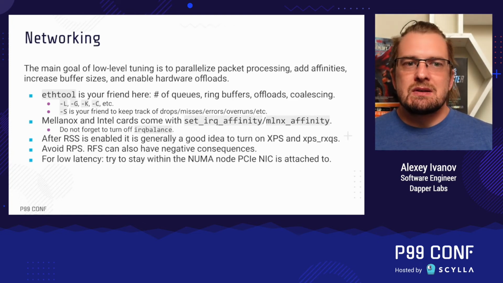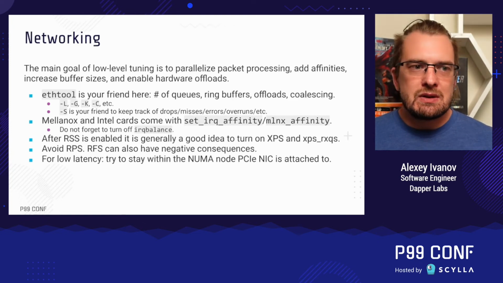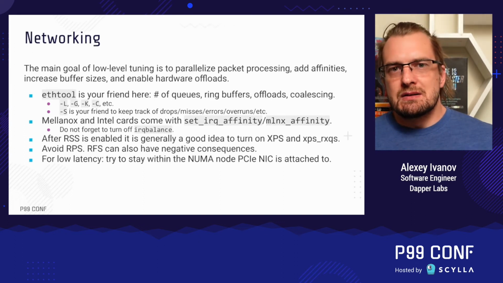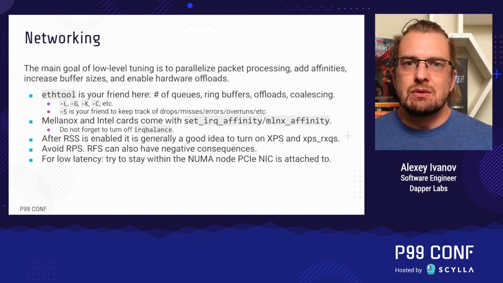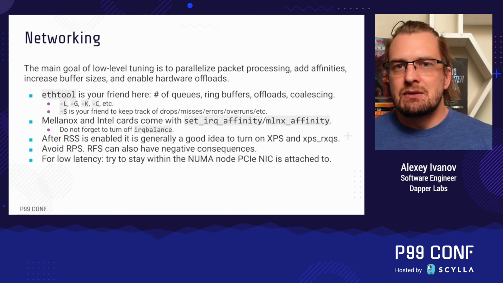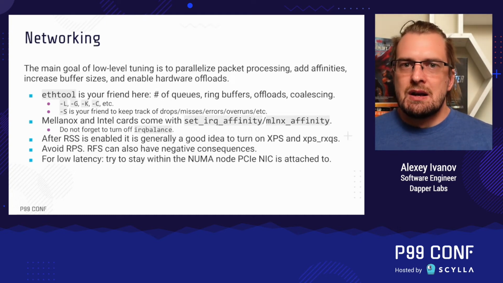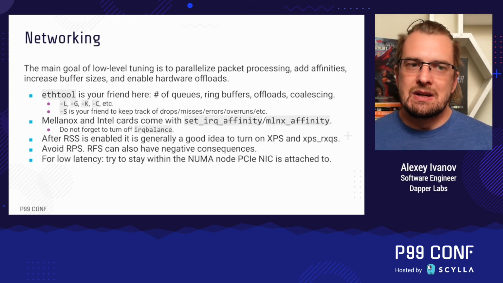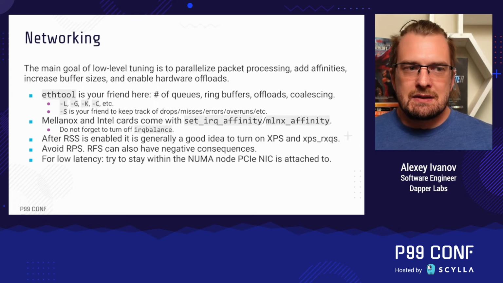There are scripts to help you with most of it. Mellanox and Intel cards have scripts to actually set all the affinity parameters. Linux has extensive docs for setting up the affinity so data does not jump between CPUs, etc. So please utilize these.